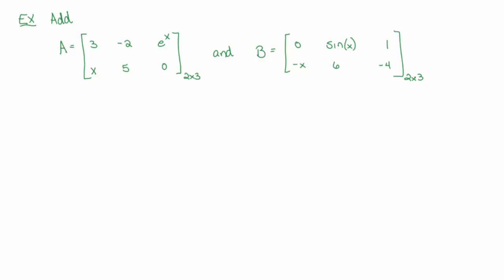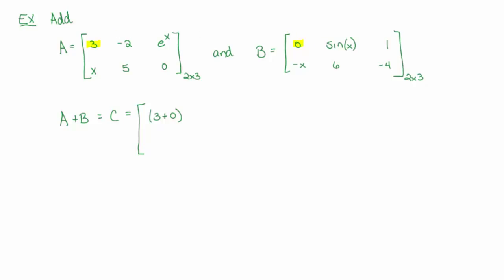And so by definition, when I take A and add that to B, it becomes a new matrix C, where the first element in the first row, so row 1, column 1, will be 3, because that was the row 1, column 1 element of A, plus 0, which is the row 1, column 1 element of B. So that's the 3 and the 0, those two added up.